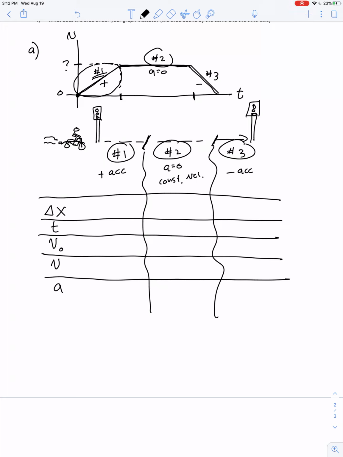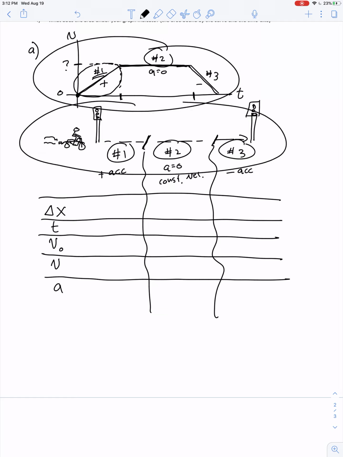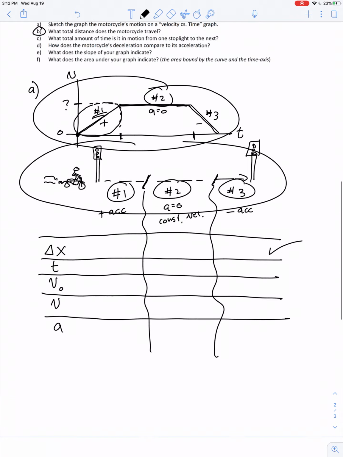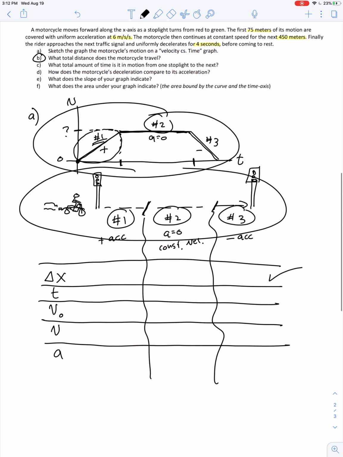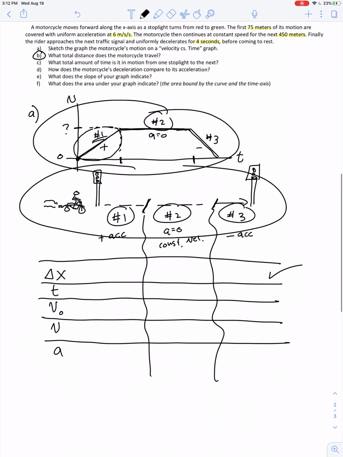So we are clearly spending more time setting up the problem than solving it by putting a motion diagram along with a graph and a graphic organizer. So we're going to have to refer back to the problem a couple times and reread it, but let's see how much information we can put in here. So in interval number 1, we know that the distance traveled is 75 meters, and we know the acceleration is positive 6 meters per second squared.